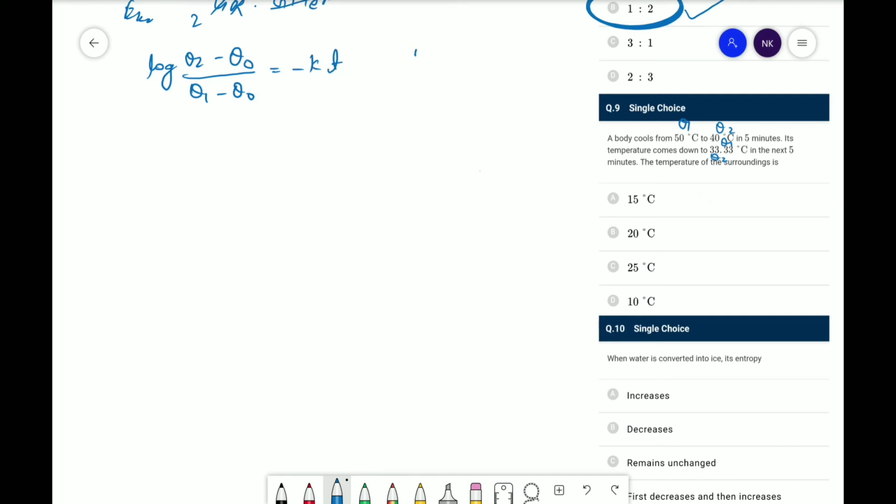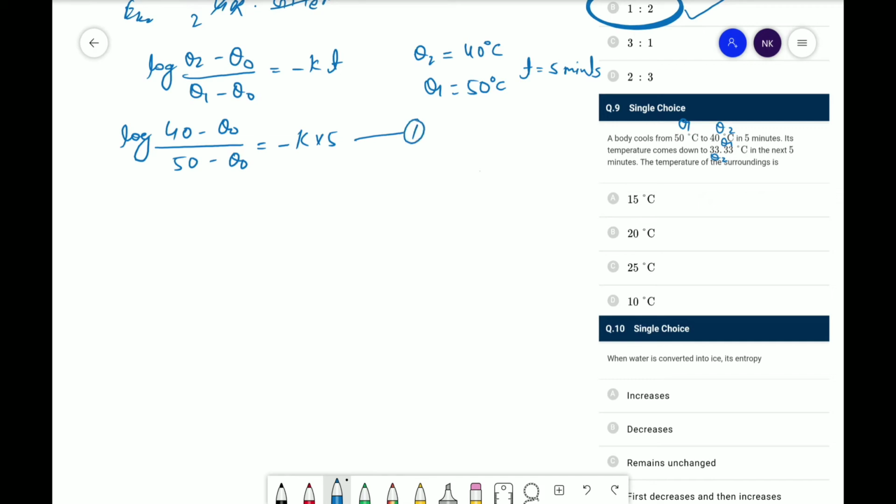In the first case, theta 2 is 40 degrees Celsius, theta 1 is 50 degrees Celsius, and t is 5 minutes. Hence log of (40 minus theta naught) divided by (50 minus theta naught) will be equal to minus k into 5. This is equation 1.